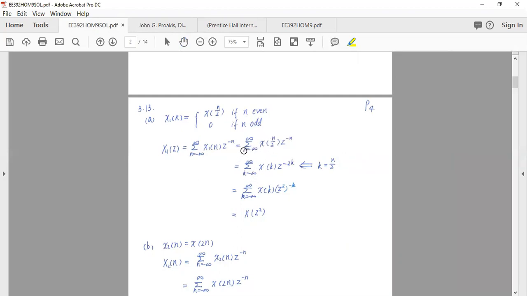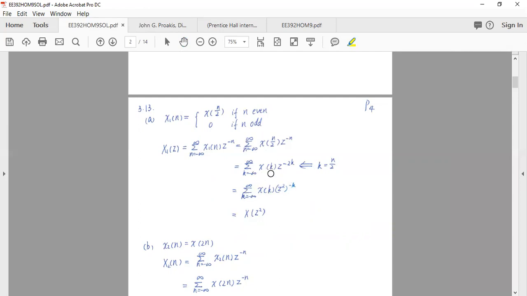In this case our limits are positive and negative infinity, so they remain positive and negative infinity. In place of n, we'll be using k. For n upon 2 replaced with k, we'll get this particular term, and then we can further evaluate this term as this one, right?